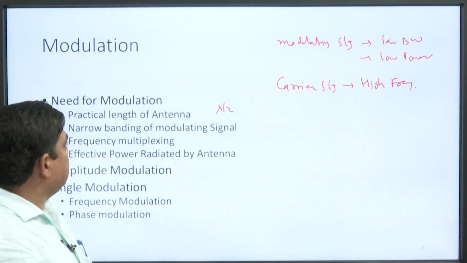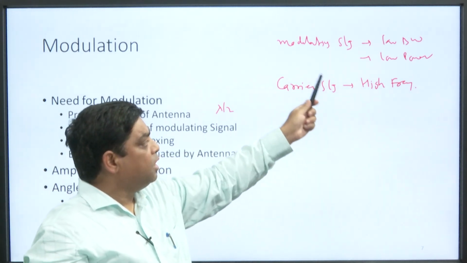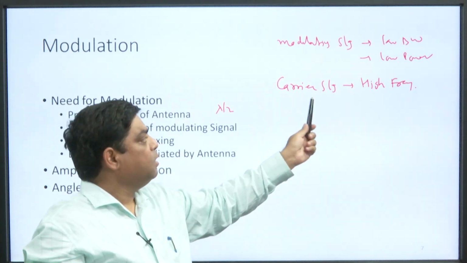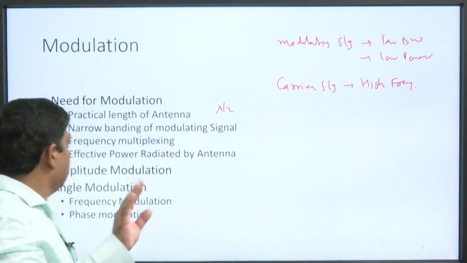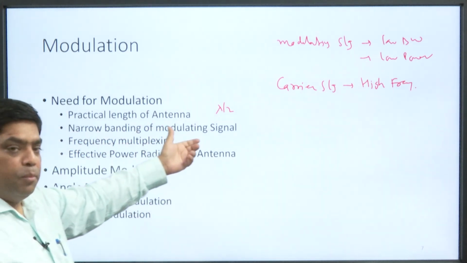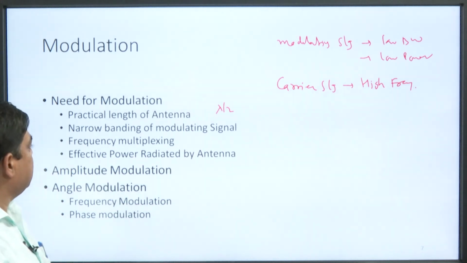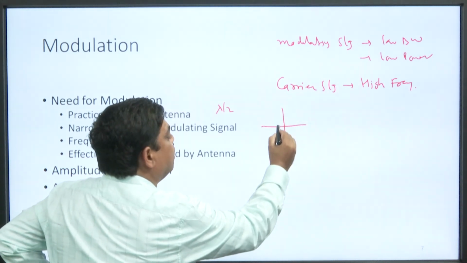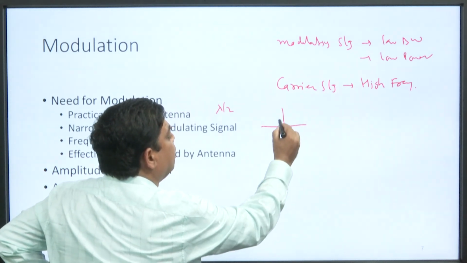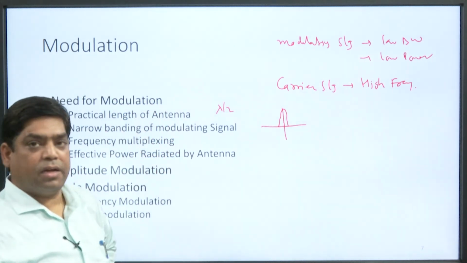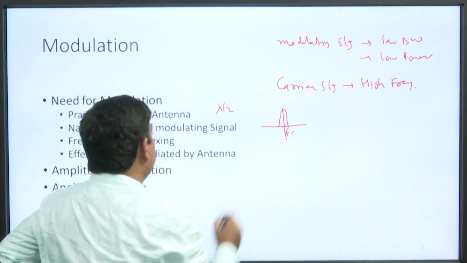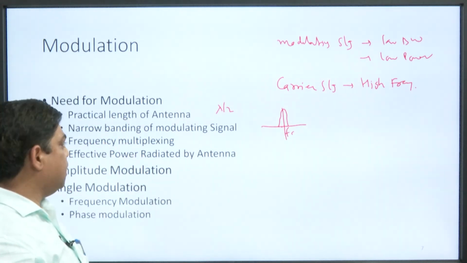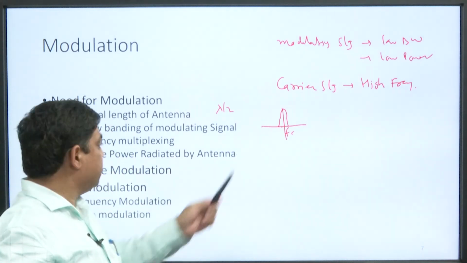So the modulating signal, a low frequency signal, is mixed with the carrier signal, that is the modulation of the carrier signal. Narrow bandwidth of the modulating signal is also a need, because when the carrier frequency is high, the low frequency signal is a narrow band signal around the carrier frequency. If it is wideband, other noise disturbance can be created.